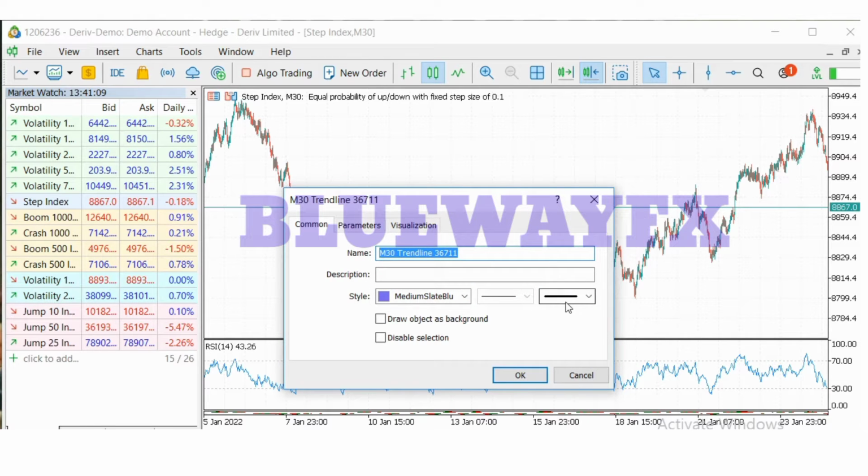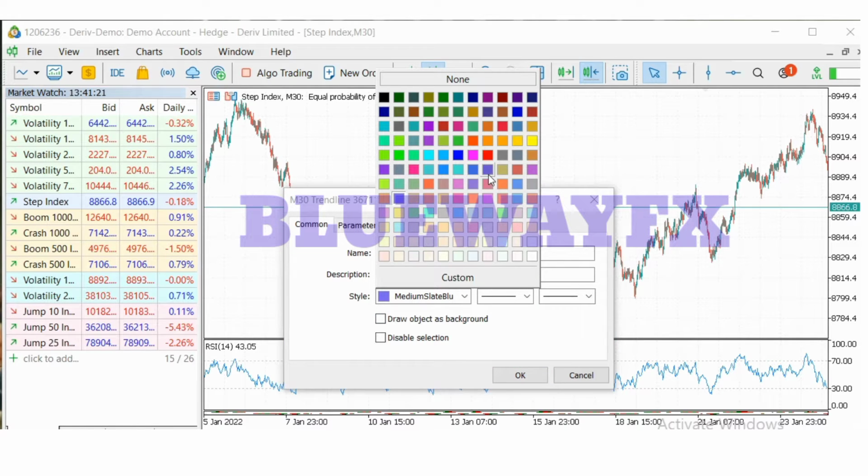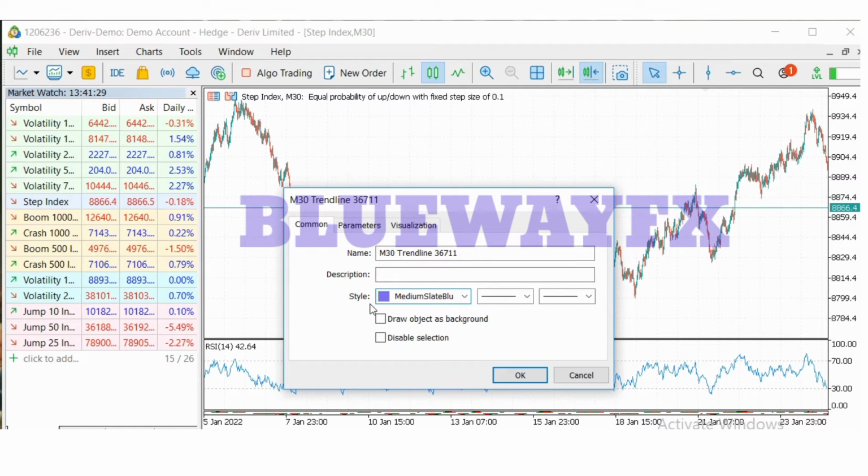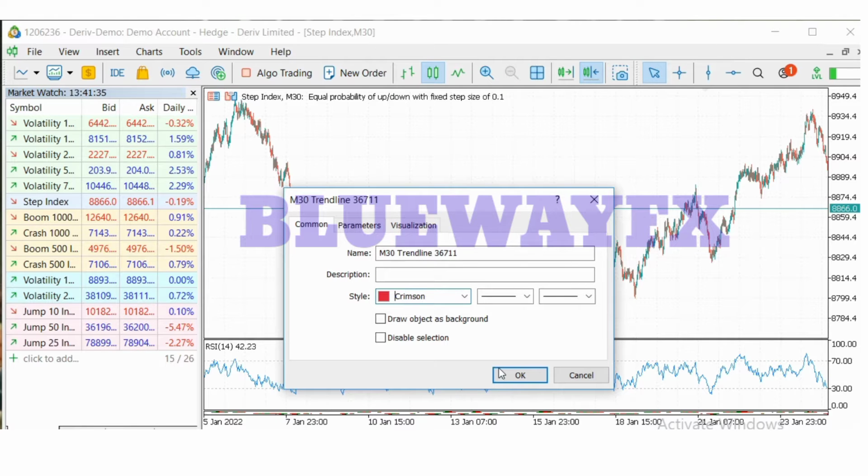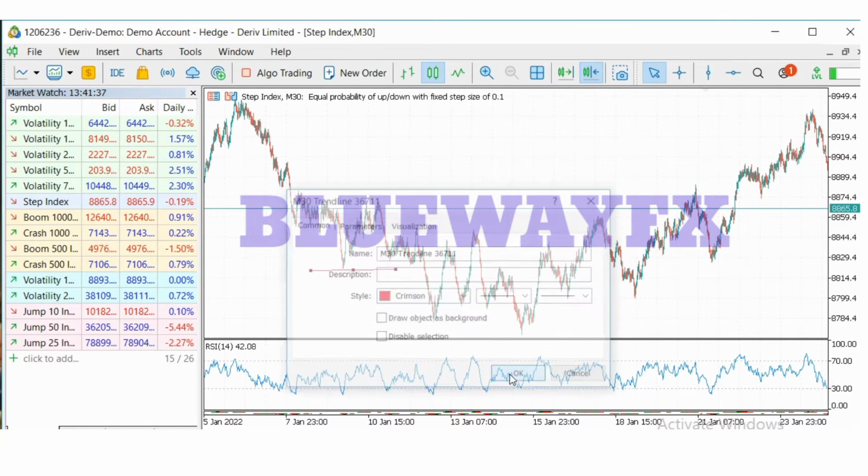This one is too thick. Let's make it somewhat small, and let's use yellow for it, maybe some persons might not see it clearly. Okay, let me use this.